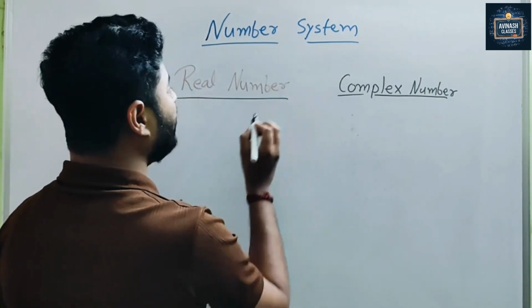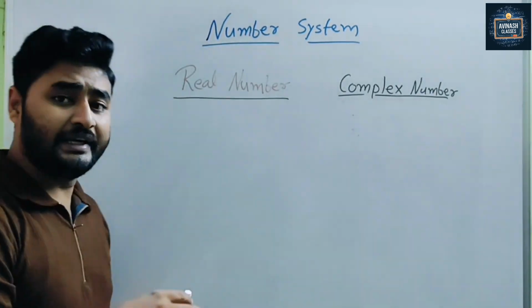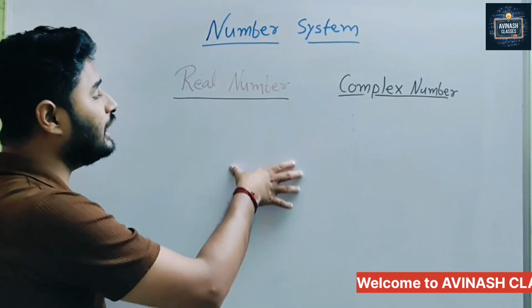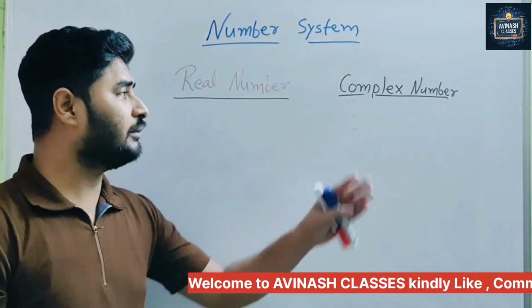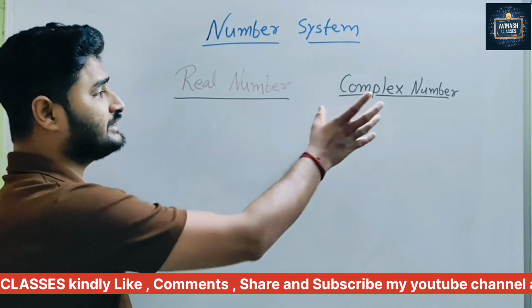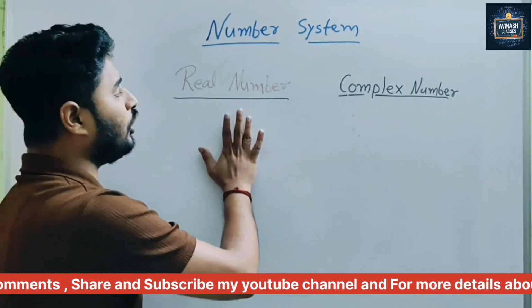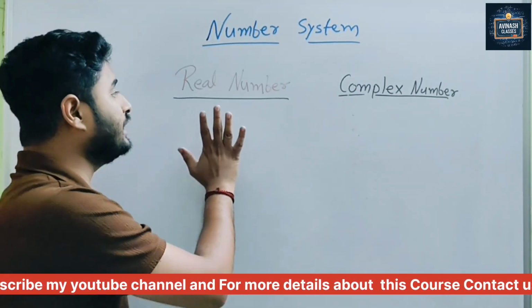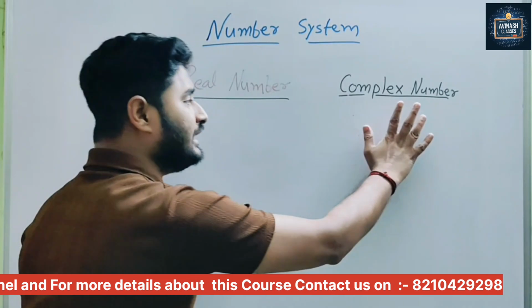Real number and complex number. Till 10th grade, we have to learn about the real number. Complex number we have to learn in grade 11. Please keep in mind. So first we divide the numbers into how many categories? Two categories. First real number, second complex number.